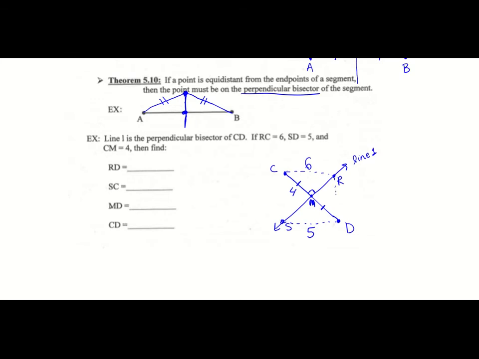So we need to find RD, SC, MD. I already know that one. That one is going to be the same as this one, 4, and CD. That whole segment I know is 4 plus 4, which is going to be 8.